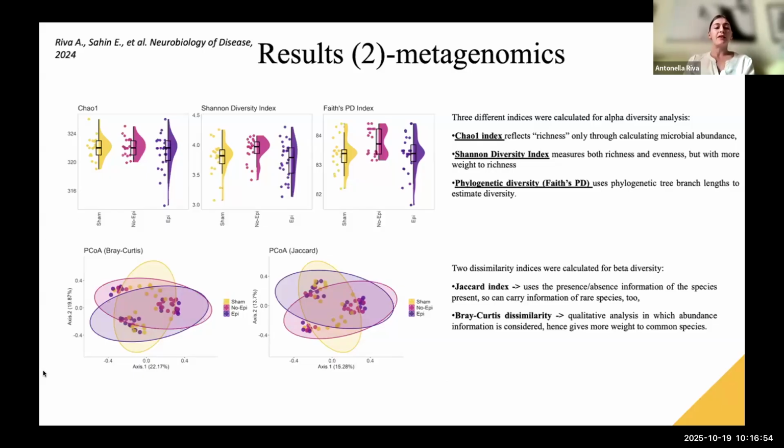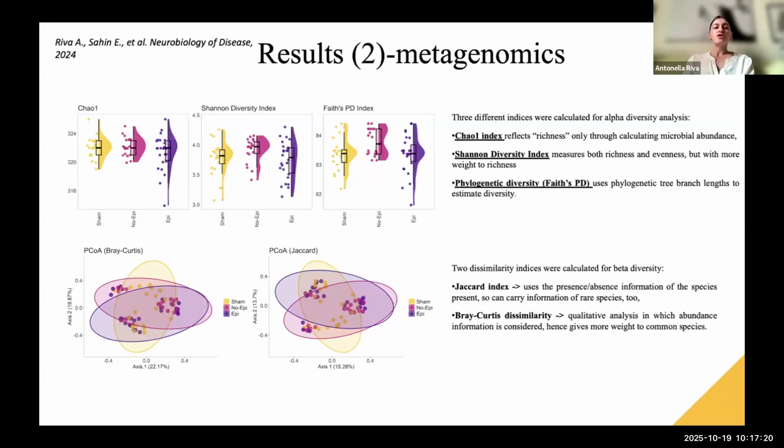But going to the beta diversity, which is the different composition of bacterial species in different samples, as you can see here, there was a clear clustering of the control group compared to the other groups. This means that the bacterial populations represented in each group were significantly different.